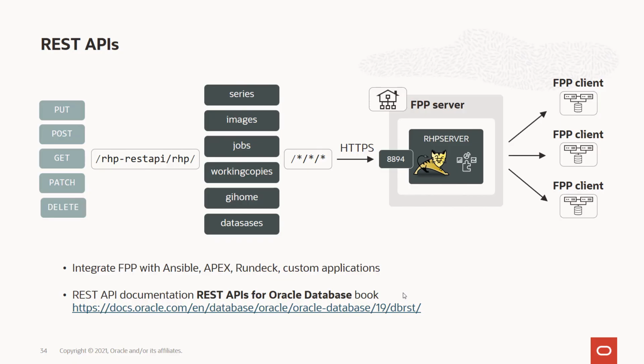So customers can enable HTTPS, can create users that can be used for the REST APIs, and then can integrate these RESTful APIs from their favorite integration tools. We have customers that do it with Apex. We have customers that do it with Rundeck. We have customers that use Ansible either with the REST APIs or with the command line.